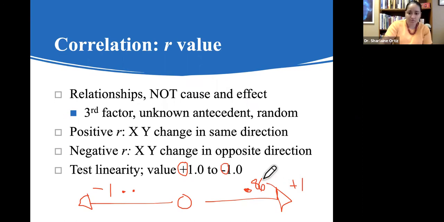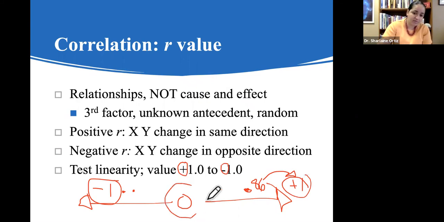The closer we are to either -1 or +1, the stronger that relationship is. If we find a number near 0, the closer we are to this 0, the less likely that there is a relationship between those two variables.